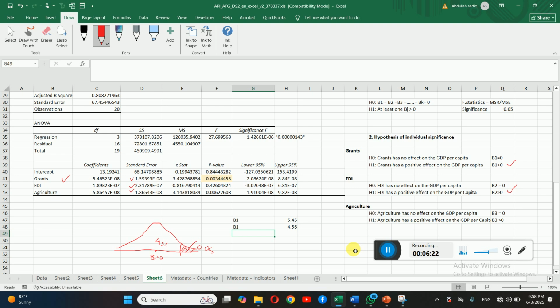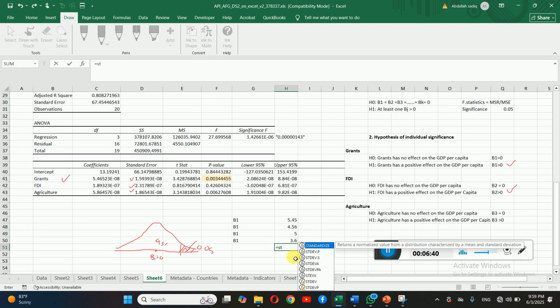Because each time the sample can be different, the beta 1 can be, for example, 5, and the next time, for example, 3.6. So when you have the sampling distribution of beta 1, I compute the standard deviation of it.